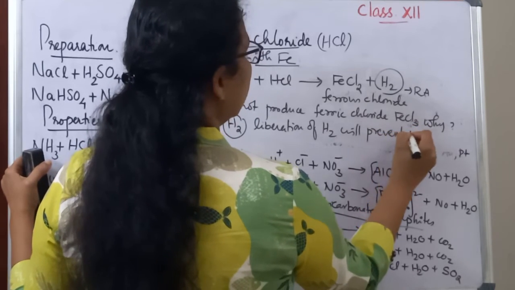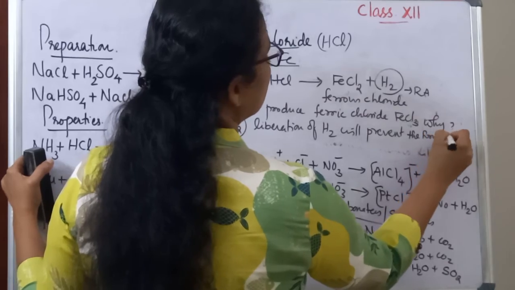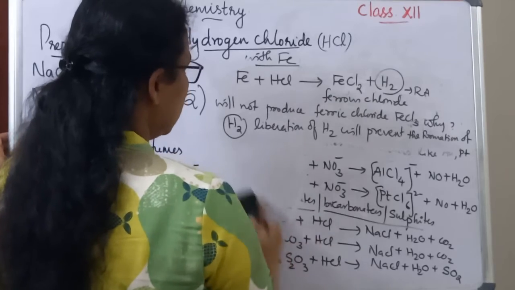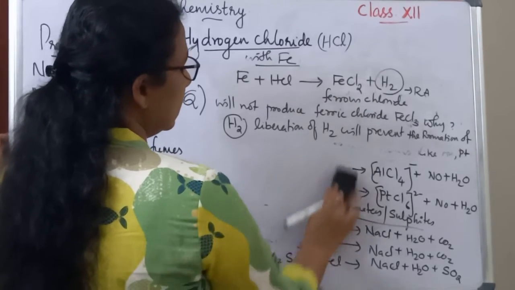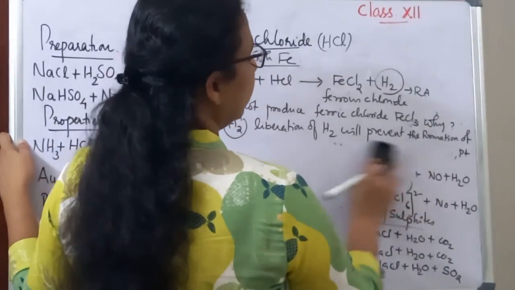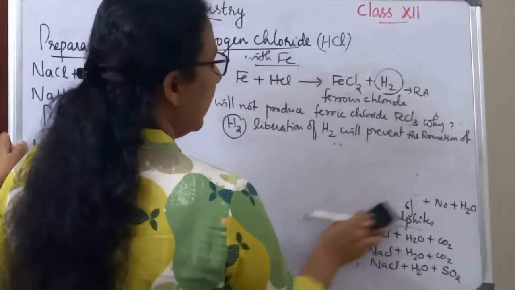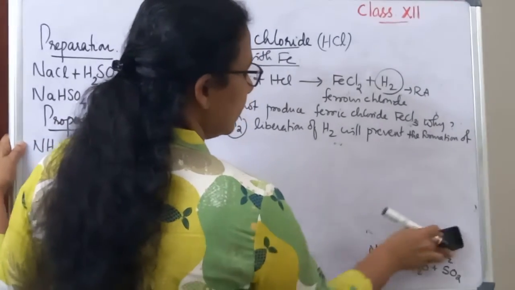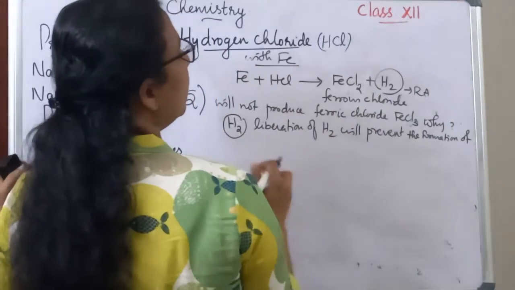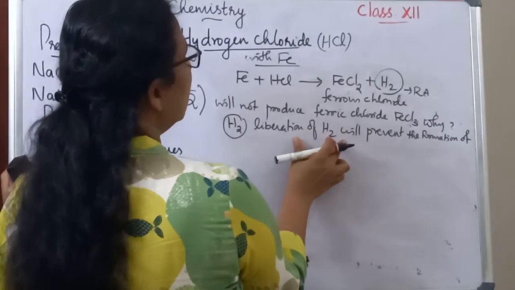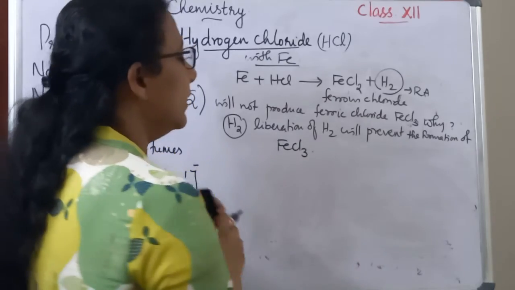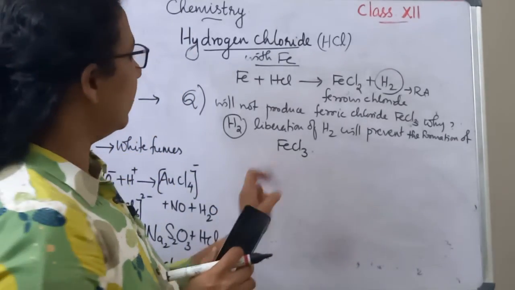So in this case, iron and HCl react together to form ferrous chloride, not ferric chloride. So why is ferric chloride not formed in this case? That is the question. So we can answer it like this: the liberation of H2 will not allow the formation of FeCl3. That is the answer. So liberation of H2 will prevent the formation of FeCl3.